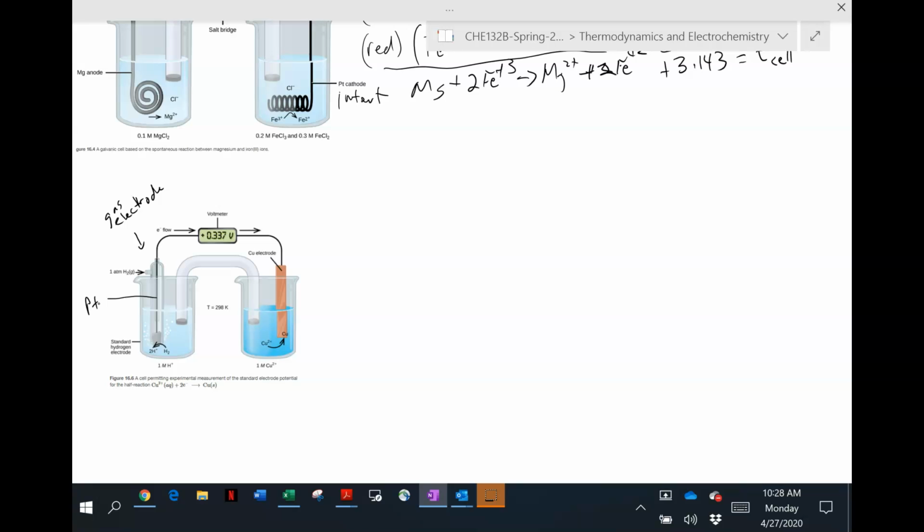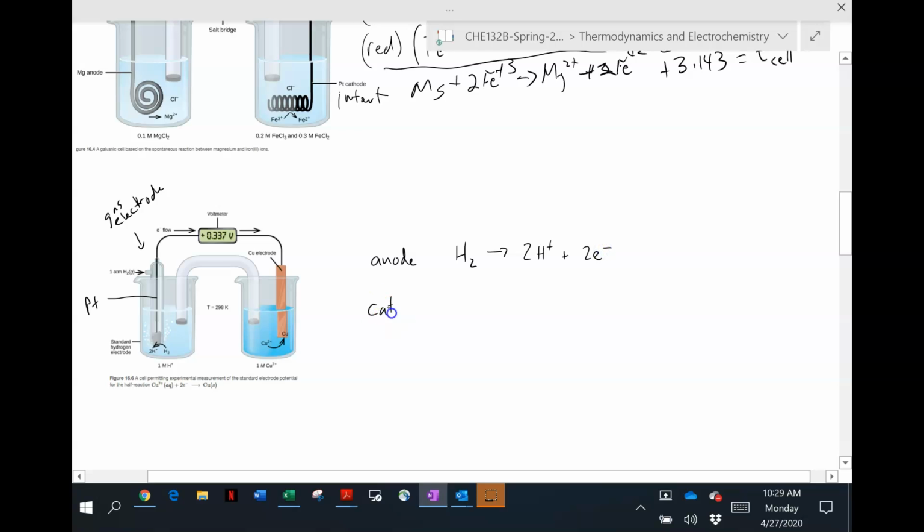So what's going on over here on what appears to be the anode side, if the electron flow is correct, is we have H2 going to 2H plus, and each one of those is giving up an electron.